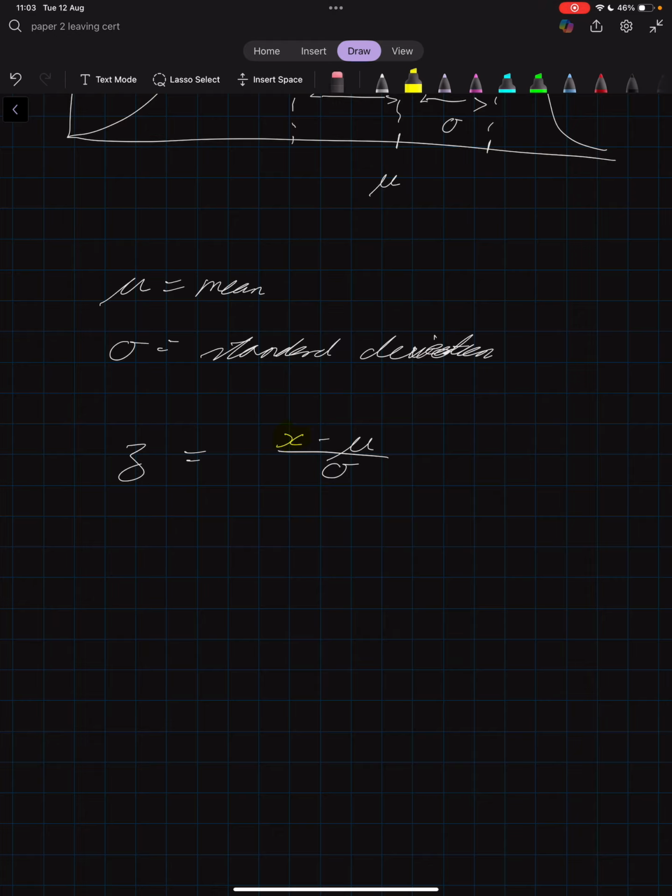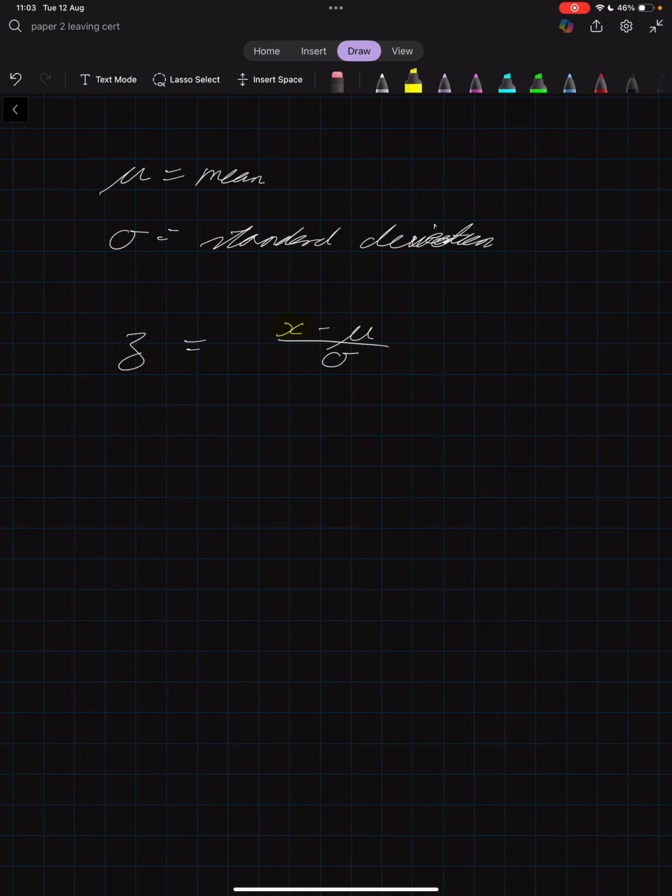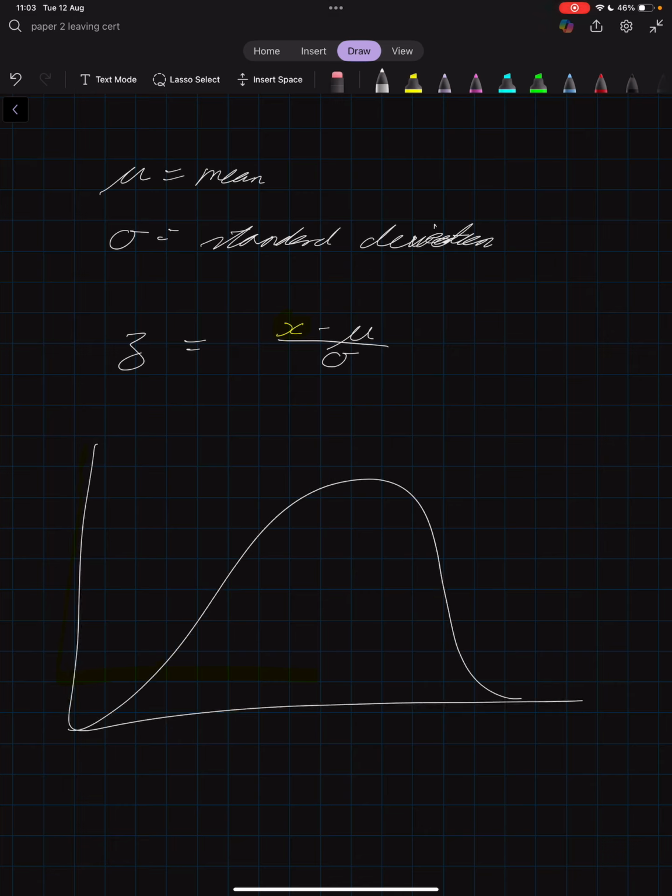Because, just for example, if I said this is the mean, which is 130, this is 160, and the standard deviation is 15, and I asked you how many standard deviations you are away, you'd say 2, because this distance here is 30, which is 2 times sigma.